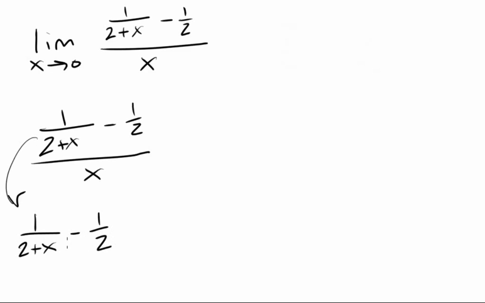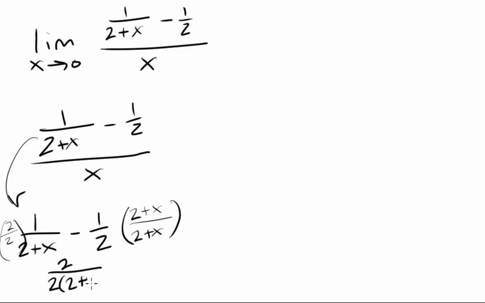They don't share any factors, so that basically just means we have to multiply this by 2 plus x over 2 plus x, and then this one by 2 over 2. So then we'll have 2 over 2 times 2 plus x, minus 2 plus x over 2 times 2 plus x.